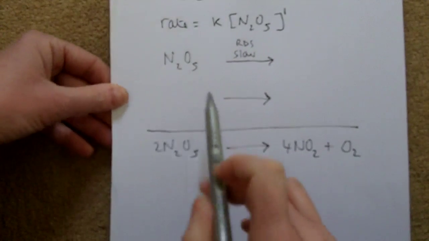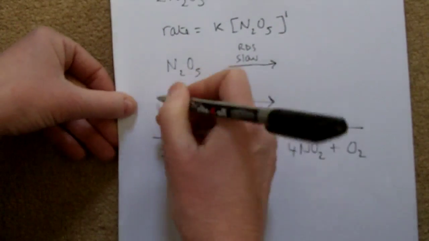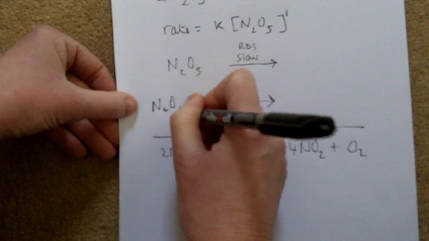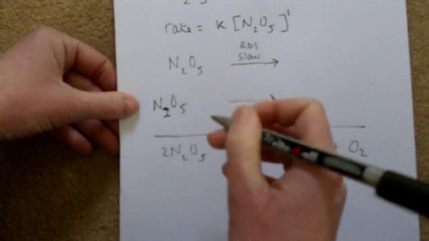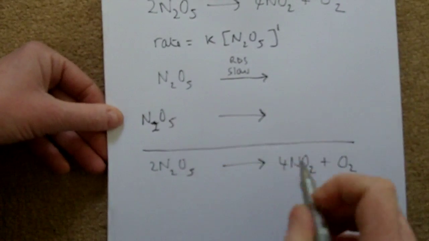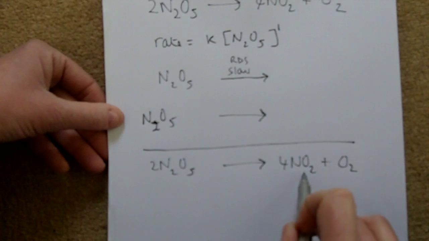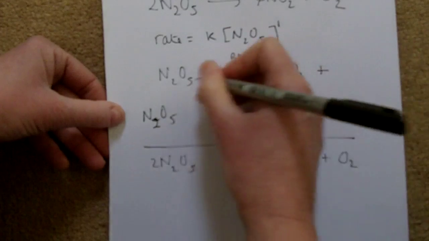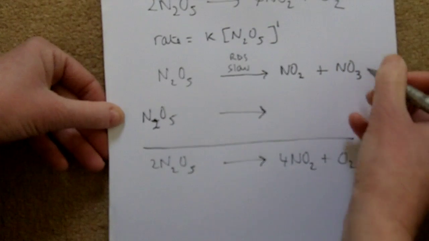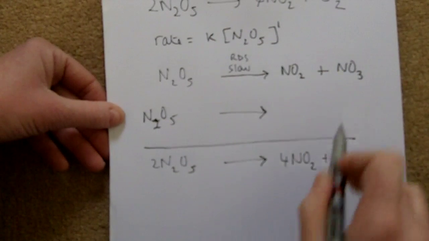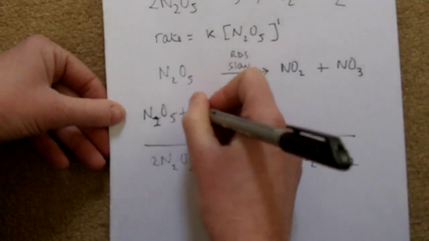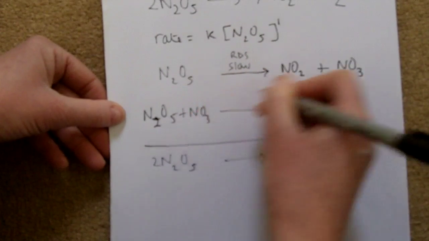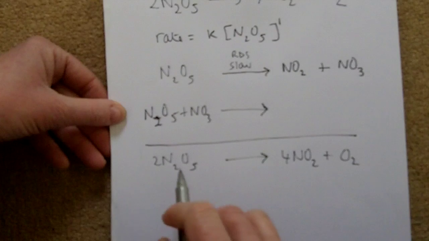Okay, straight away I can see I'm going to need another N2O5 in the second step, so that's a 2 N2O5 in the second step. Okay, I can see I'm making NO2, so I'm going to go NO2, and what's left over? NO3. There isn't any NO3 in the overall equation, so NO3 must be here so that it can cancel out left and right.